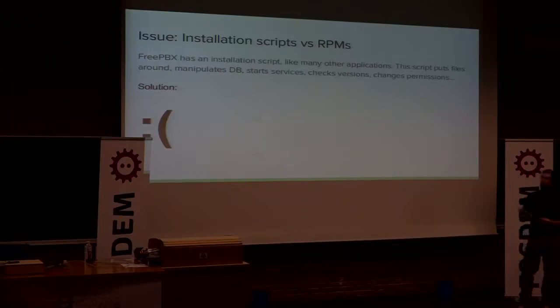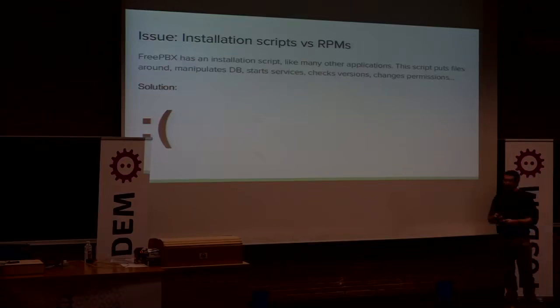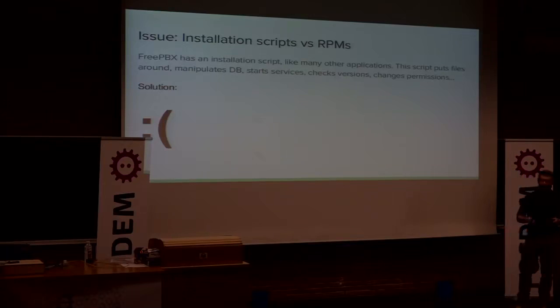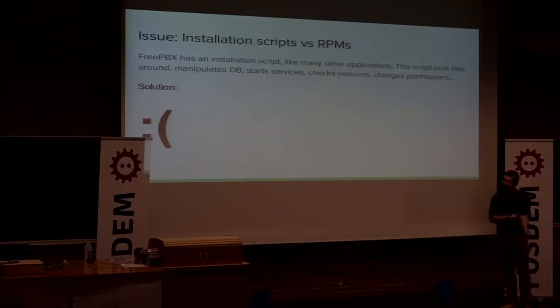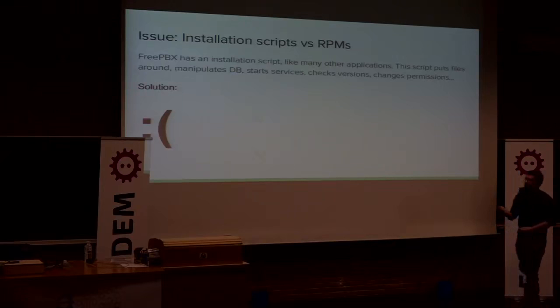Option one is to take the installation script and use it inside your package, but it's ugly because you are using an installation script that can fail, and you don't have GPG check and integrity check and everything. The other option is to let the RPM do the right thing and put files in the right places. We chose the first one, because the second was too time consuming and it took us too far from vanilla FreePBX and would be hard to keep pace with updates. Basically, it could mean to fork, and we didn't want to.